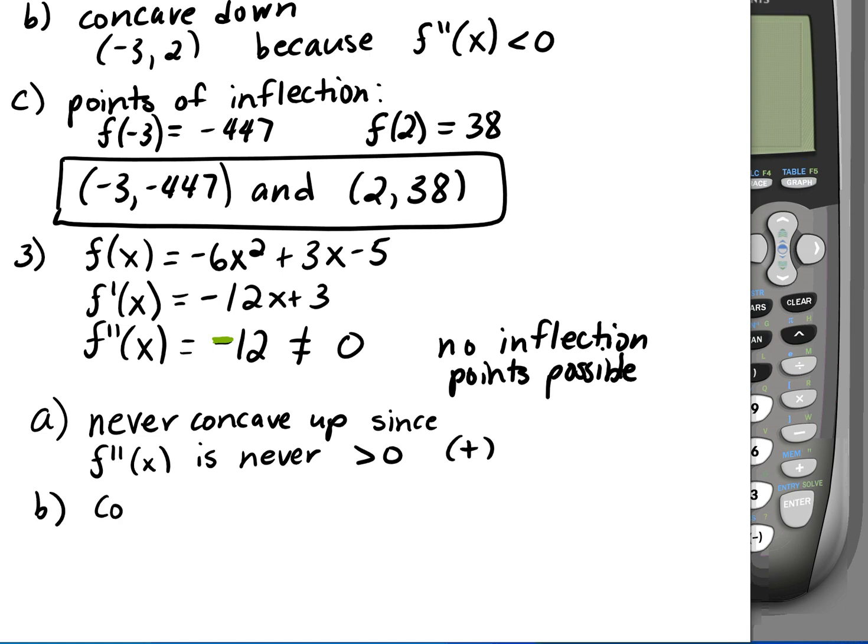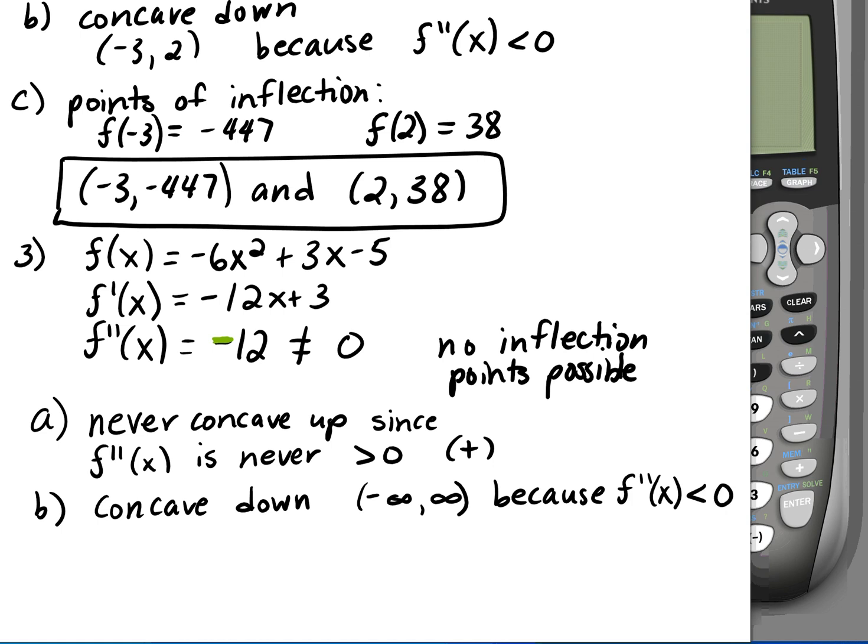And that means it's concave down everywhere. So you would write negative infinity to infinity. And then also, I already wrote this, but there's no inflection points since the concavity doesn't change.